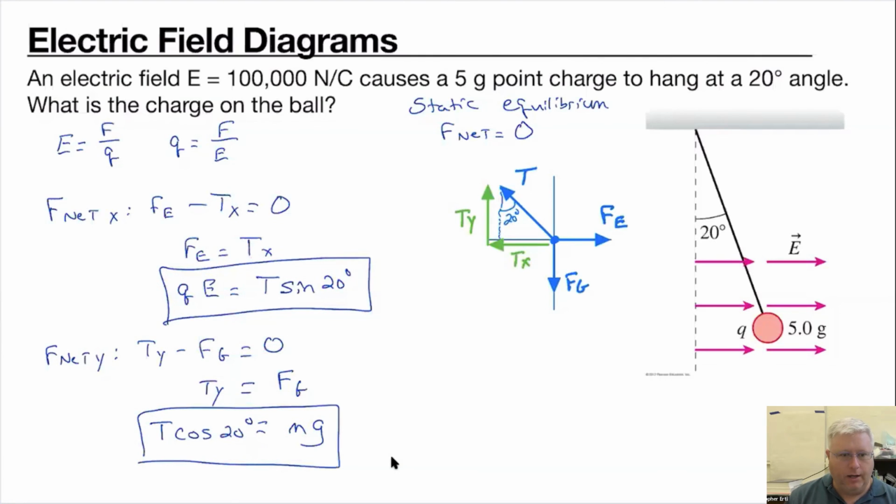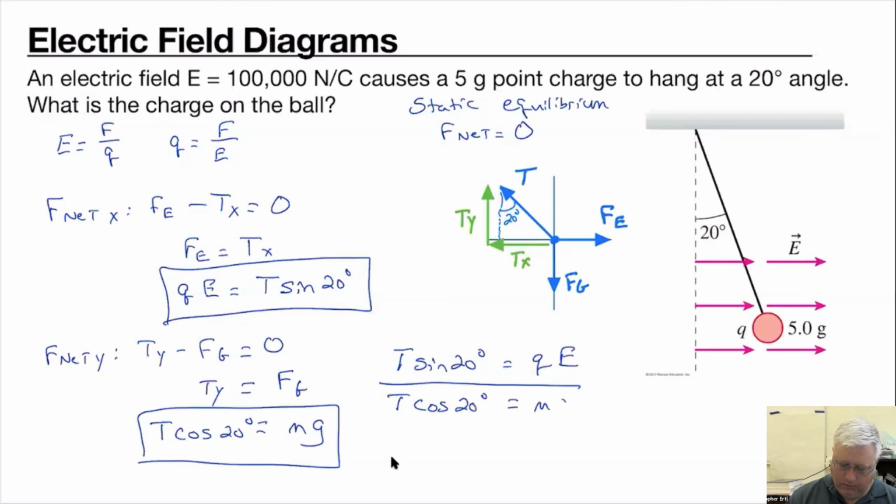So let's divide the first expression, T sine 20 degrees equals Q times E, by the other expression, T cosine 20 degrees equals mg. And what do we see happen? We see that we don't need to know the tension.